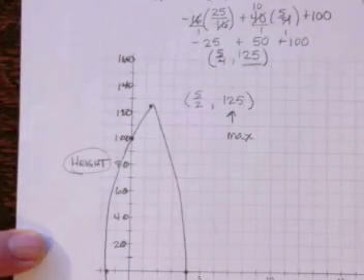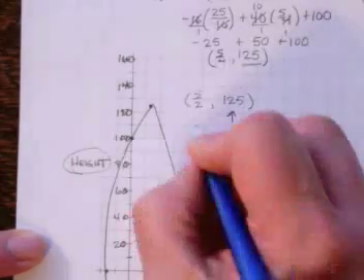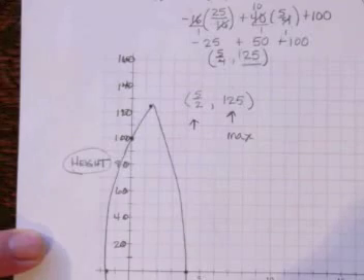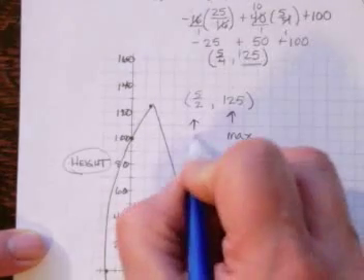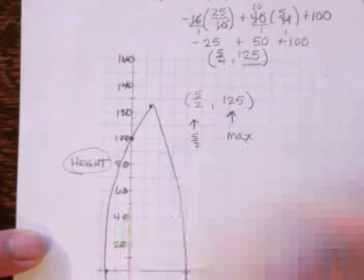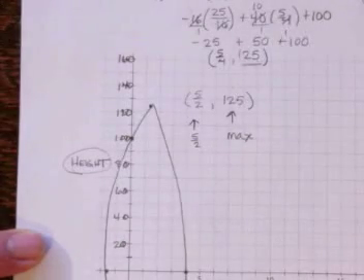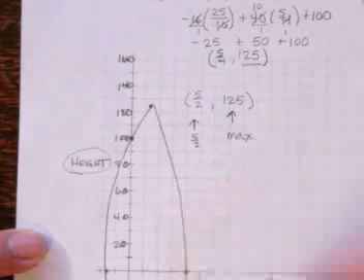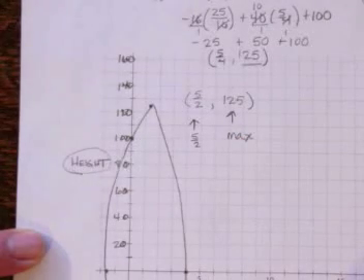And then it says after how many seconds does it reach that height? And remember our x is time. Since we're graphing time on the x-axis, this tells me that we reach 125 feet after 5 halves of a second.